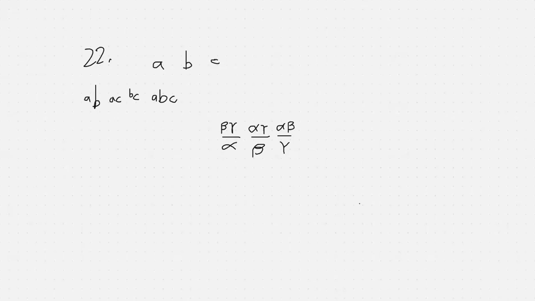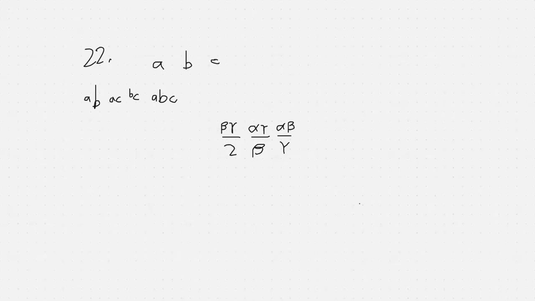Then let's say we want to minimize alpha. Since it's an integer, it should be 2, and then beta will be minimized by setting it to 3.